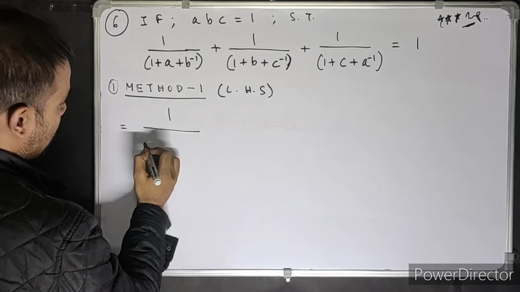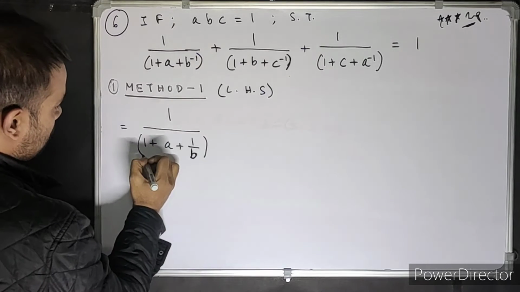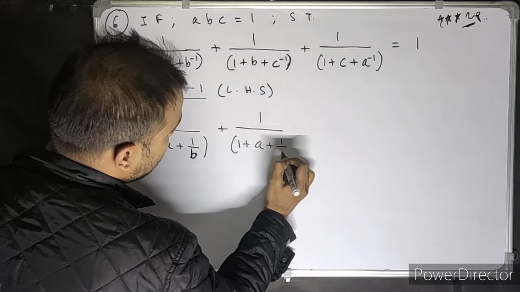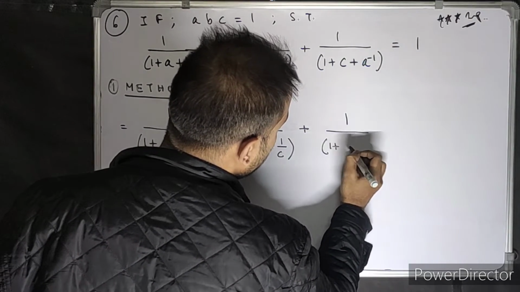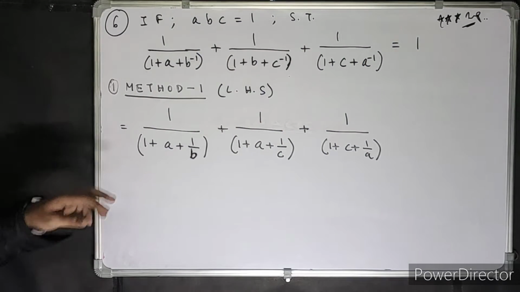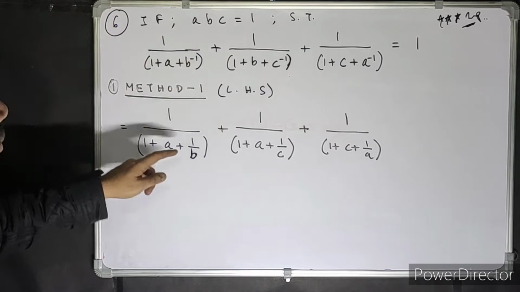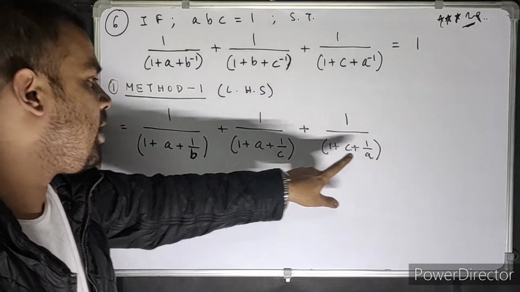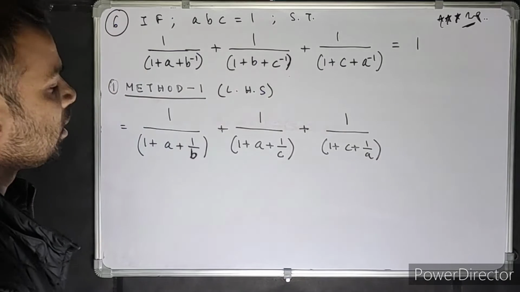So this is 1 by 1 plus A plus 1 by B, then 1 plus 1 by 1 plus A plus 1 by C plus 1 divided by 1 plus C plus 1 by A. Now you all know which property I have applied. When there is a negative in the power, then it goes down to the denominator. So you get 1 by B to the power 1, and nobody writes a 1 over here. If it was B to the power minus 2, then I would have written 1 by B square.